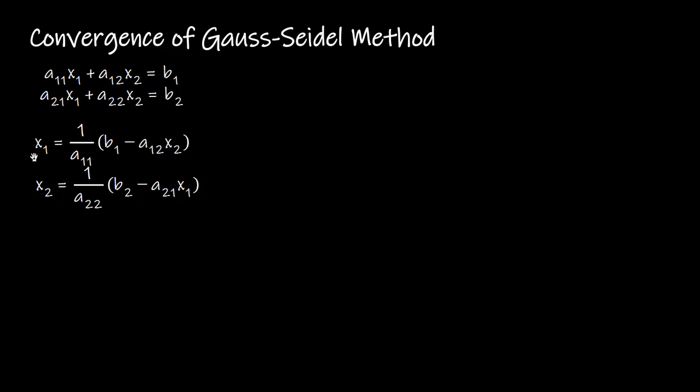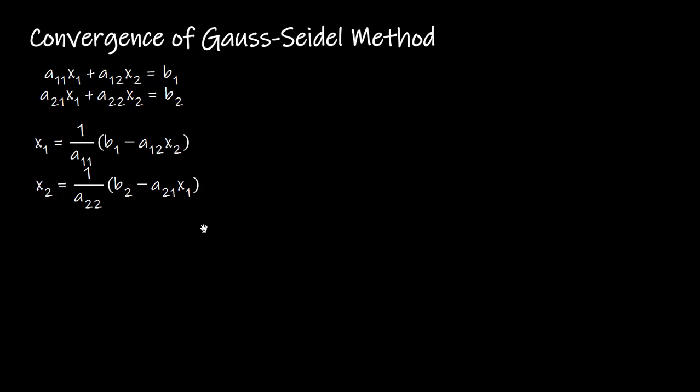Hence the solution expression of x1 is 1 upon a11 whole multiplied with the expression b1 minus a12 x2. Similarly, the solution expression of x2 is 1 upon a22 whole multiplied with b2 minus a21 x1.